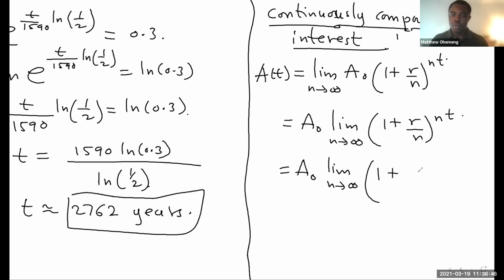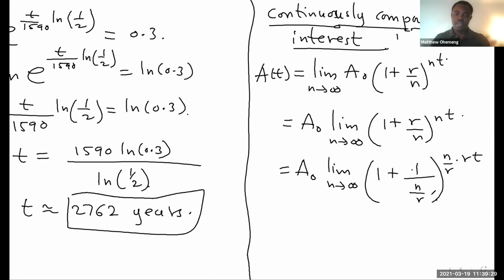I can write this as 1 plus 1 over (N over R), all to the power N over R times RT. Are you okay with this manipulation? R over N is the same as 1 over N over R, and N times T is the same as N over R times RT, because the R cancels out and I have NT back.